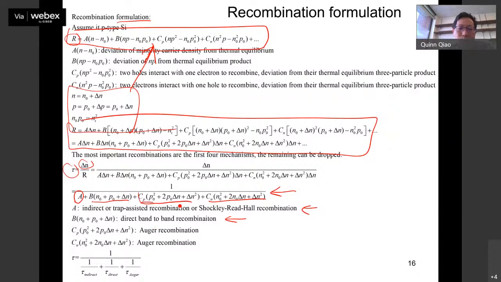The third term, these two together, is Auger. That's how you define the three different recombinations. The total recombination rate is 1 over tau equals 1 over tau 1 plus 1 over tau 2 plus 1 over tau 3, with R1 equal to delta n over tau 1, R2 equal to delta n over tau 2, and so on. Plug those in, and you get the total tau. That's this equation.